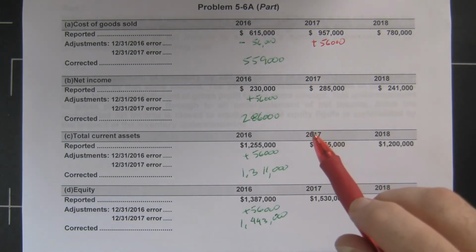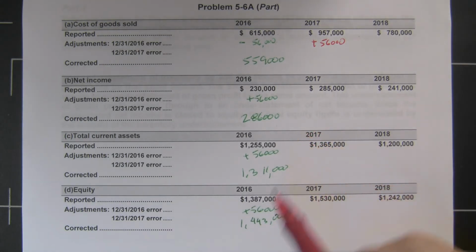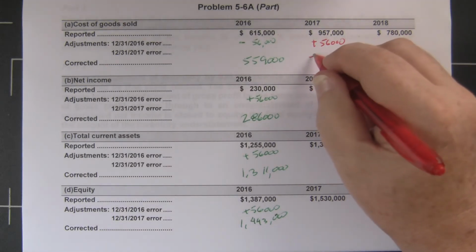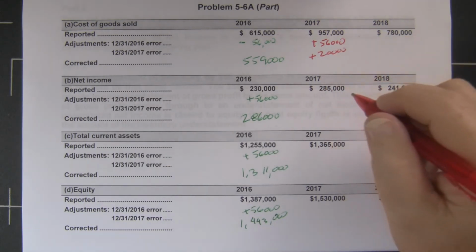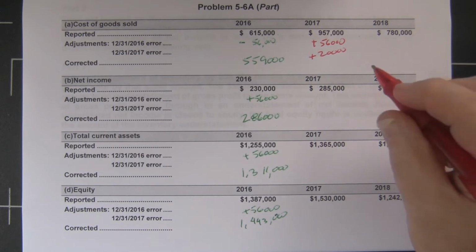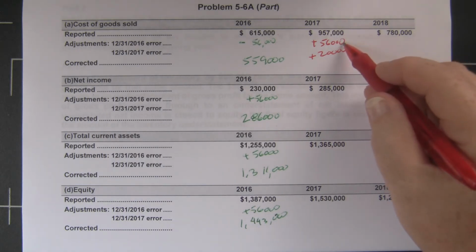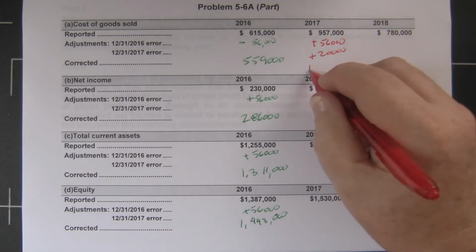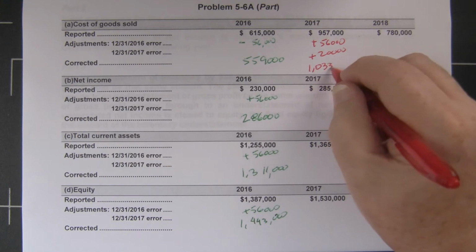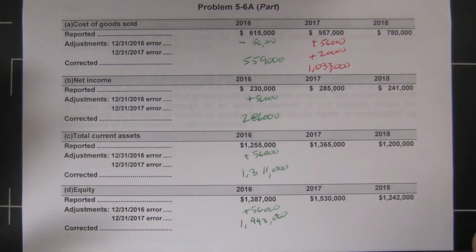So the inventory was overstated, so the cost of goods sold was understated, so we have to add that $20,000. So our corrected cost of goods sold is 957 plus the error from last year plus the error for this year, 1,033.